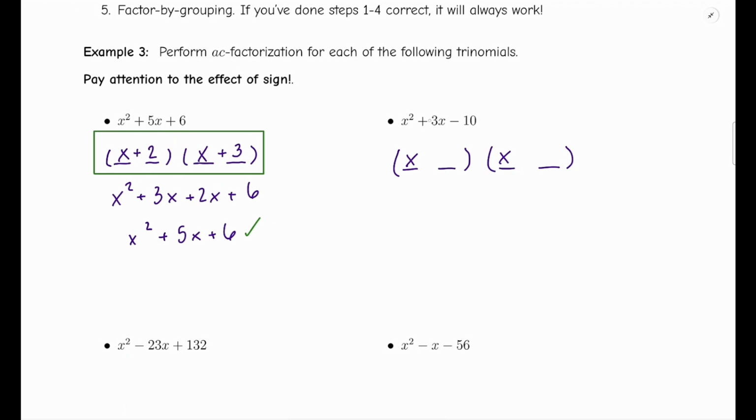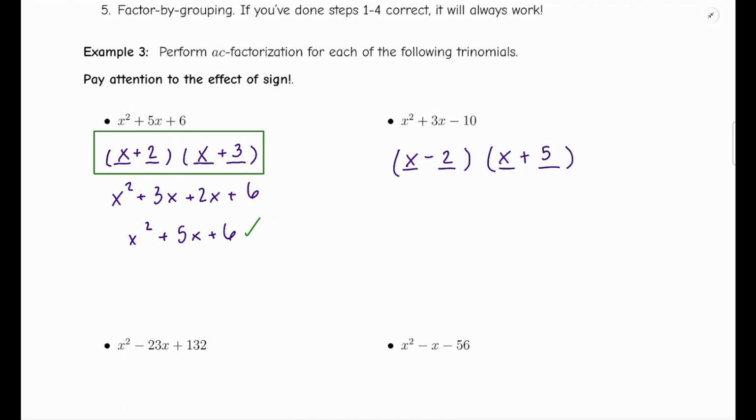But because my middle term is positive, that means the larger absolute value one has to be positive. So two numbers that multiply to 10 are 2 and 5, and the larger one must be positive and the smaller one must be negative.